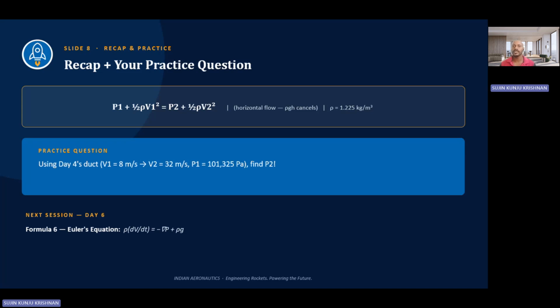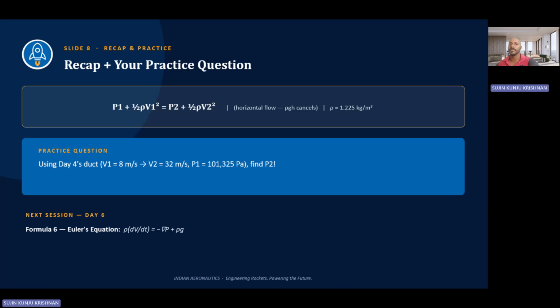V1 squared minus V2 squared is not the same as V1 minus V2 squared. Third, the sanity check: wherever velocity is higher, pressure must be lower. If you calculated that pressure went up alongside velocity, you made a sign error somewhere. Go back and check.